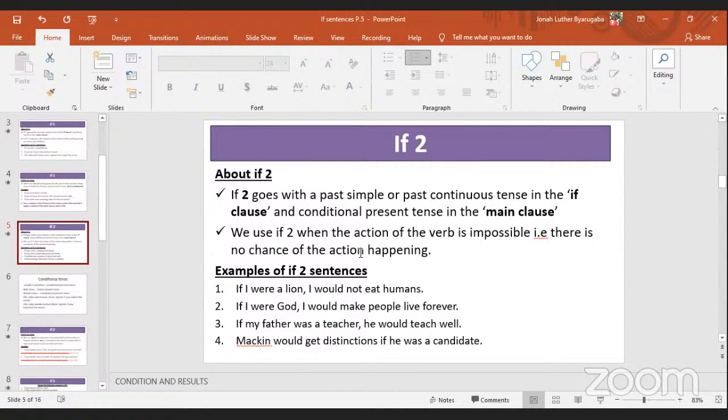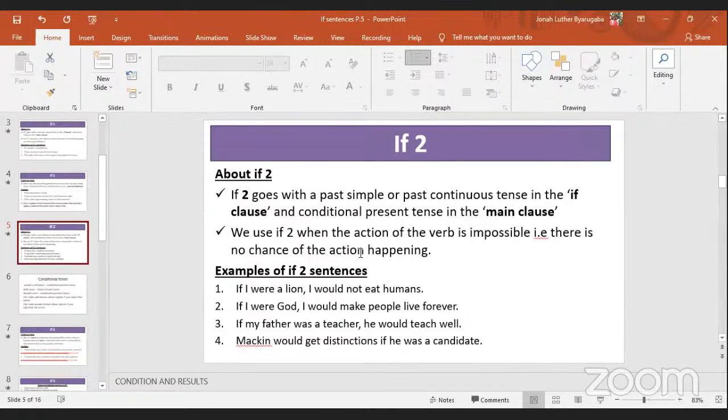So here is where we can mix up things. We use if two when the action of the verb is impossible. The other thing that you have to learn is, when I say if Nanja passed PLE, does it mean that she passed?